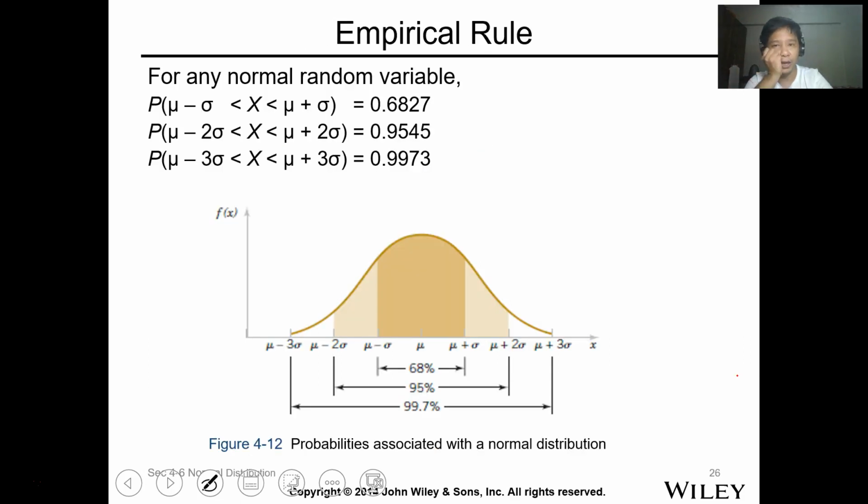Now, the empirical rule is just a simple rule that states that the probability within plus minus one standard deviation from the mean covers 68% or 0.6827. Ito yan, yung nandyan sa loob nitong curve.